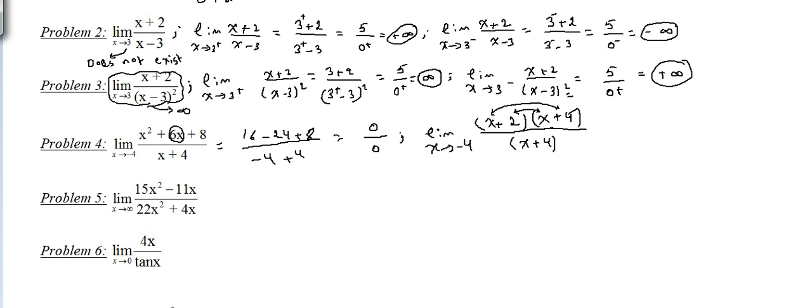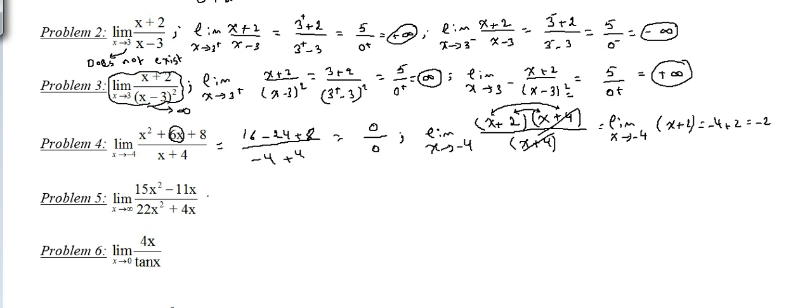Now we can simplify the x plus 4. What is left is the limit as x tends to minus 4 of only x plus 2. We substitute directly instead of x its value, and the answer is minus 2.